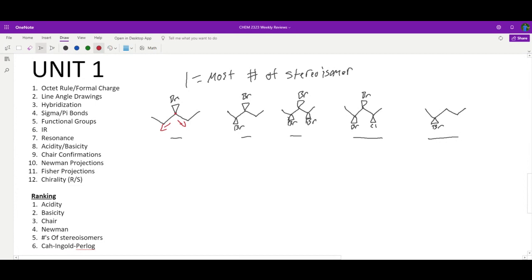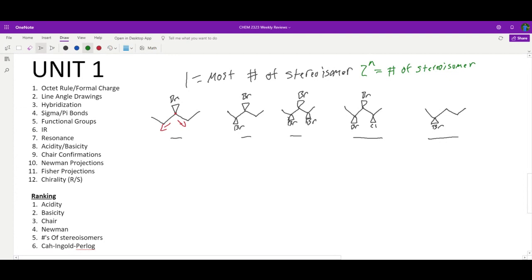So before we start, there is a formula for this: 2 to the n equals the number of stereoisomers.